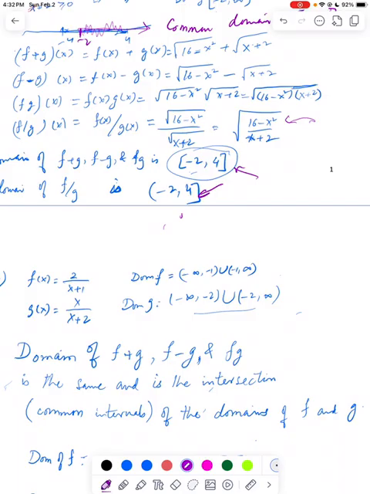So the domain of f we can see is that we just need to throw away -1, and then this is the domain of f. And then we have the domain of g. At the bottom, g cannot have the value -2, so we have to throw away -2, and that is the domain of g.